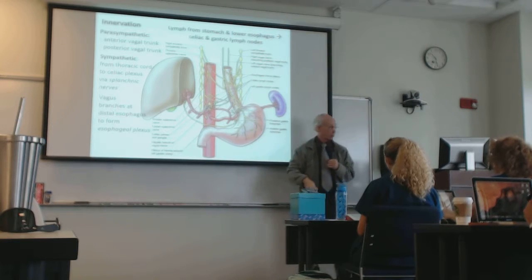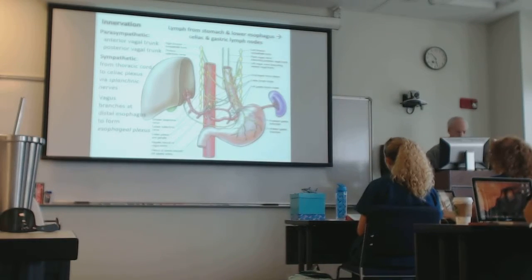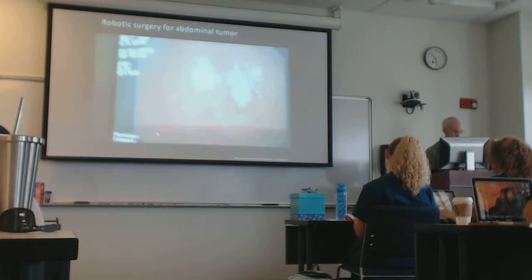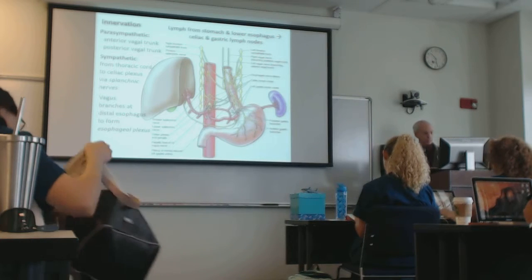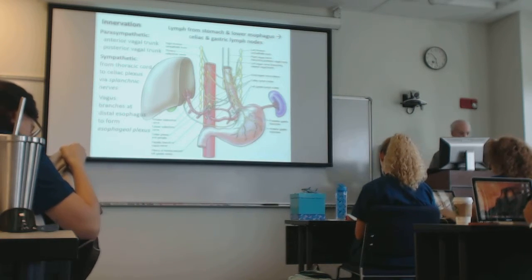So we don't quite know how that happens, except that at least in rodents, the parasympathetic pathways seem to be very important. Yeah? Would you say that the esophageal plexus is chiefly parasympathetic or sympathetic?